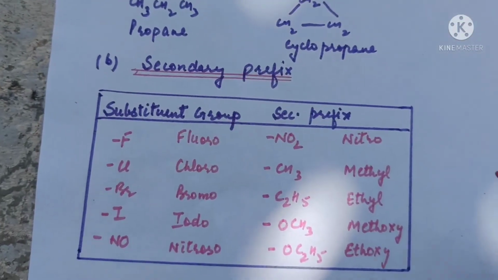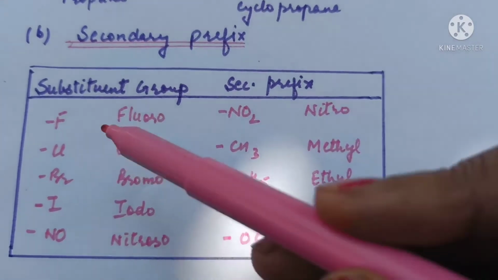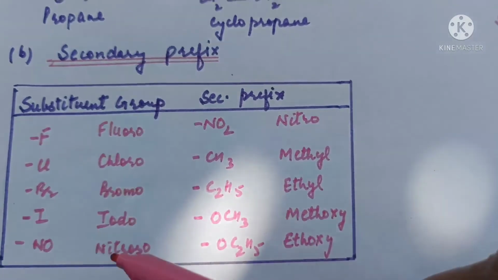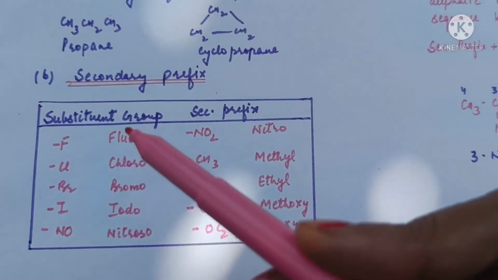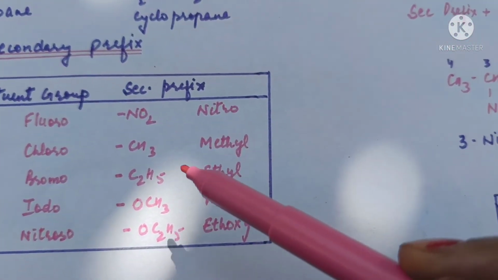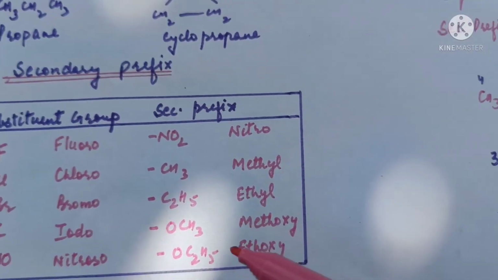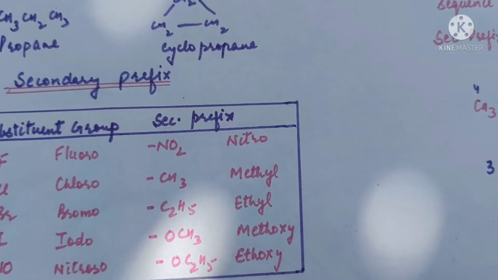The secondary prefix is attached for those groups which are considered as substituents and are not considered as functional groups. Fluoro, chloro, bromo, iodo, nitroso, nitro, methyl, ethyl, methoxy, ethoxy. These groups will be named as secondary prefixes.